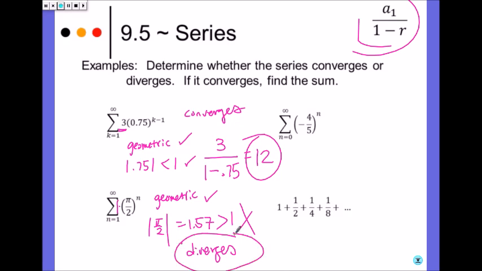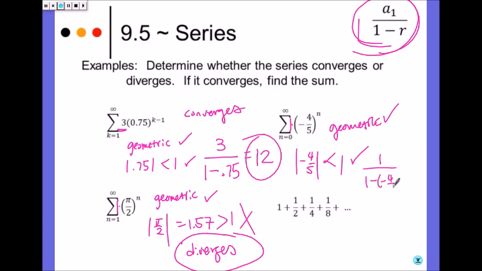What about here? Again, geometric. So here's the first term, 1. If you don't see anything, it's 1 times that. And what's the absolute value of negative 4 over 5? It is less than 1, so it is geometric. Good, check. Less than 1, check. Then you can use this formula right here: the first term divided by 1 minus negative 4 over 5.